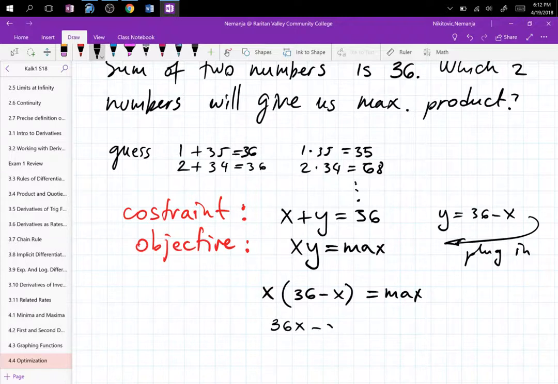Distribute x. And now, when you have a single equation with one variable, hit this with a derivative.